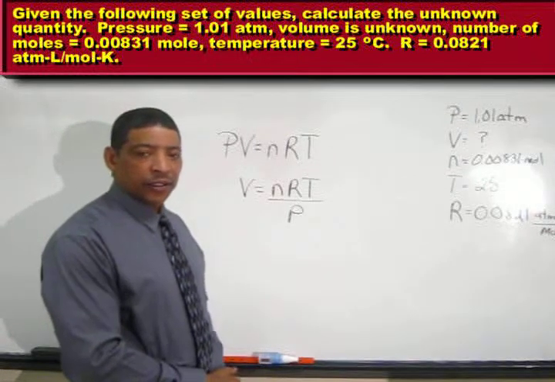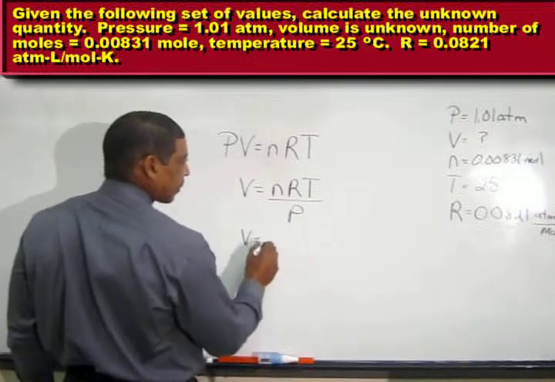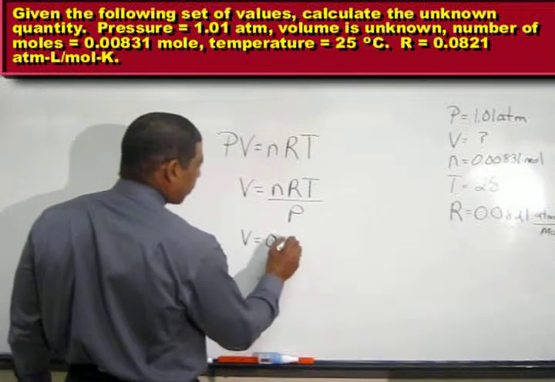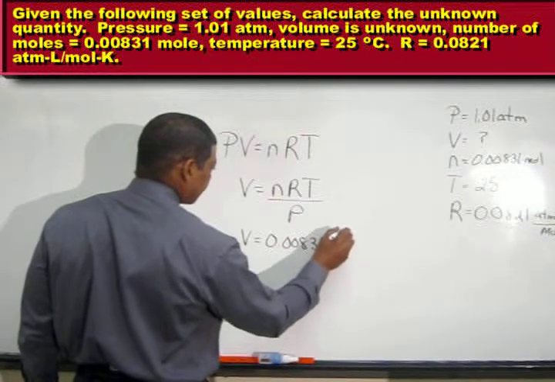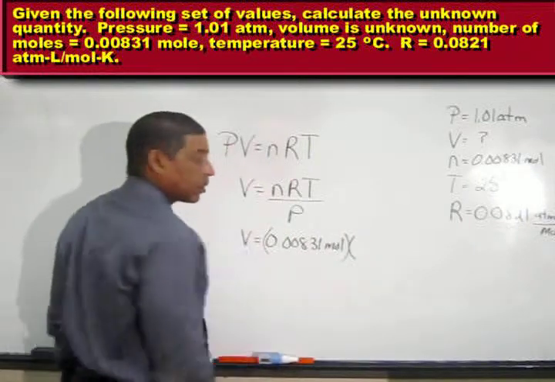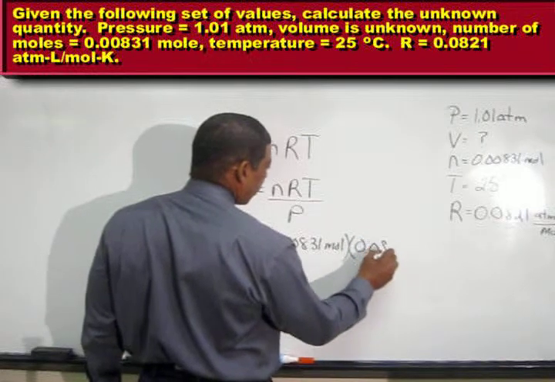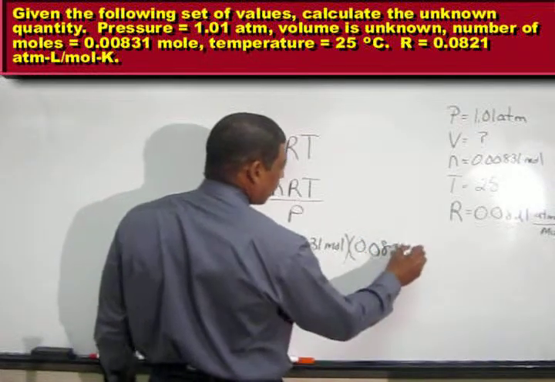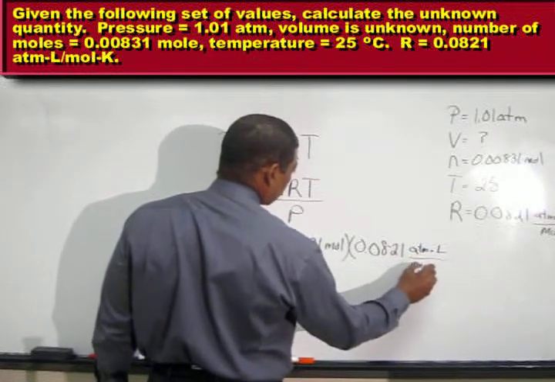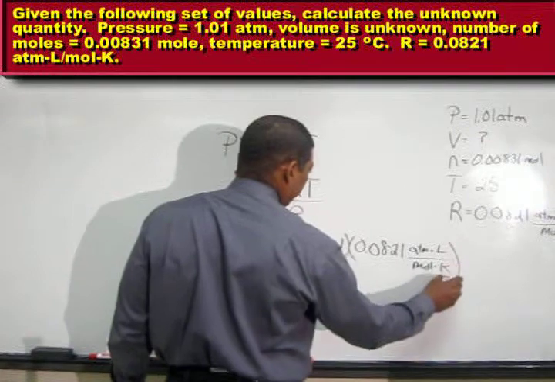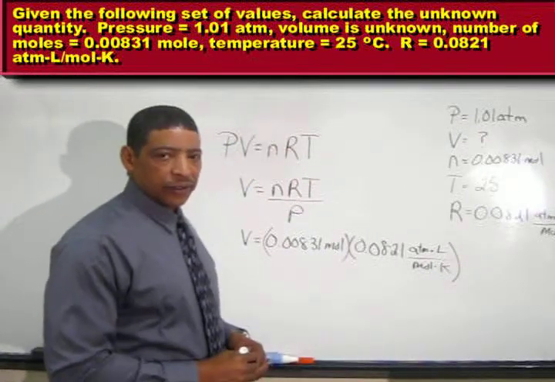Now simply insert the values, where V is equal to 0.00831 mole. R will always be 0.0821 atm liters divided by mole K. The temperature is given in degrees Celsius.